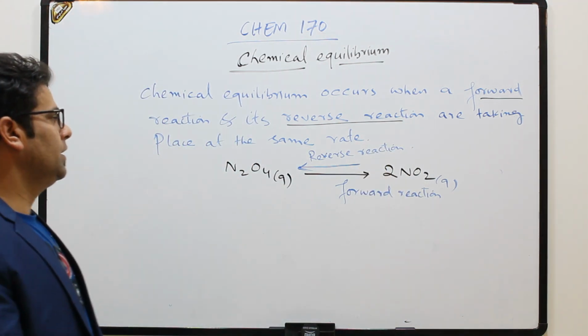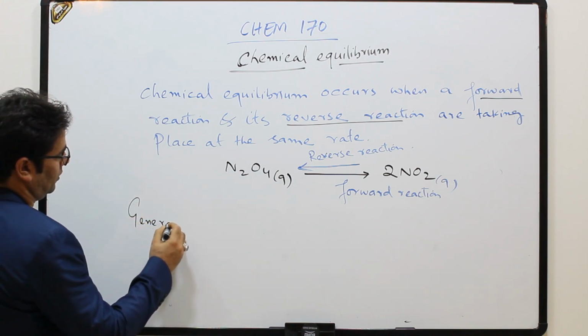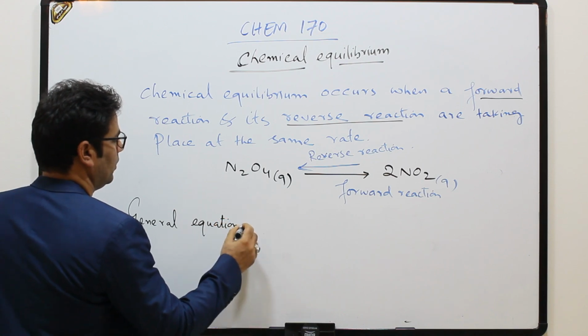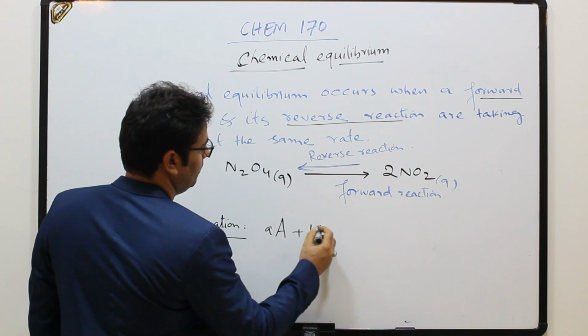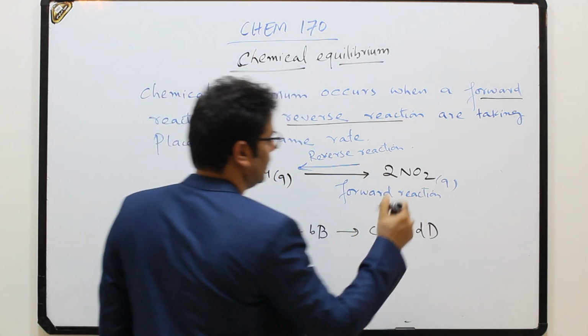So in general, if I give a general equation, we write it like this: aA plus bB gives cC plus dD.